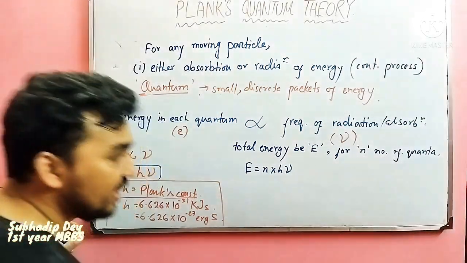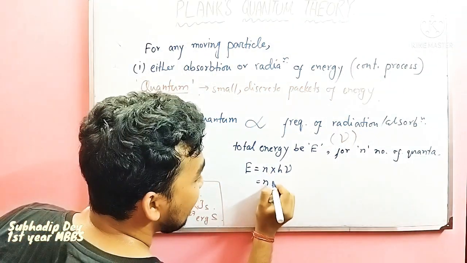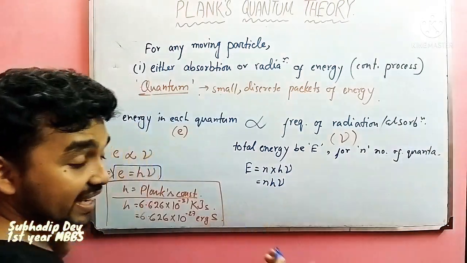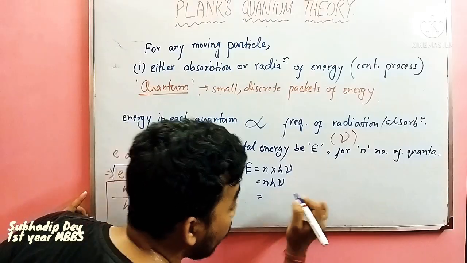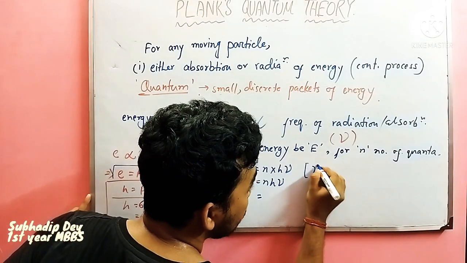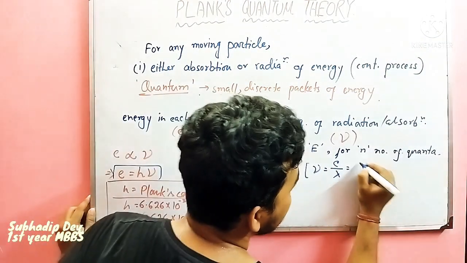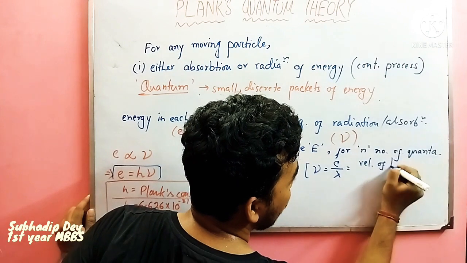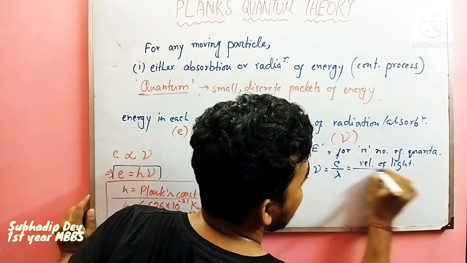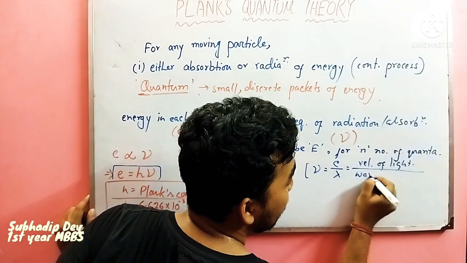We also know that nu is equal to c by lambda, where c is the velocity of light and lambda is the wavelength of radiation.